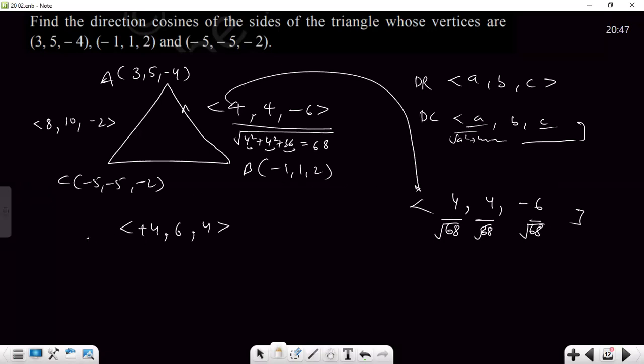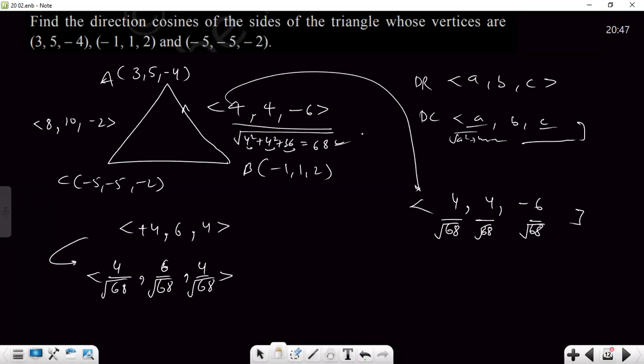The direction cosines of this side are actually the same: 4 divided by square root of 68, 6 divided by square root of 68, 4 divided by square root of 68. Why have I written the same? Because 4 square plus 6 square plus 4 square is the same.